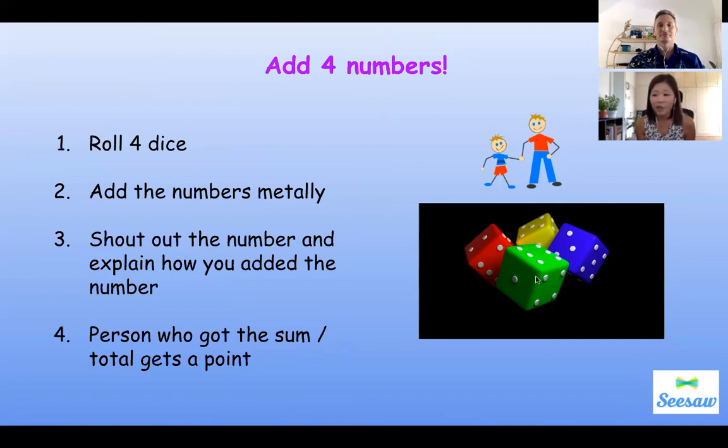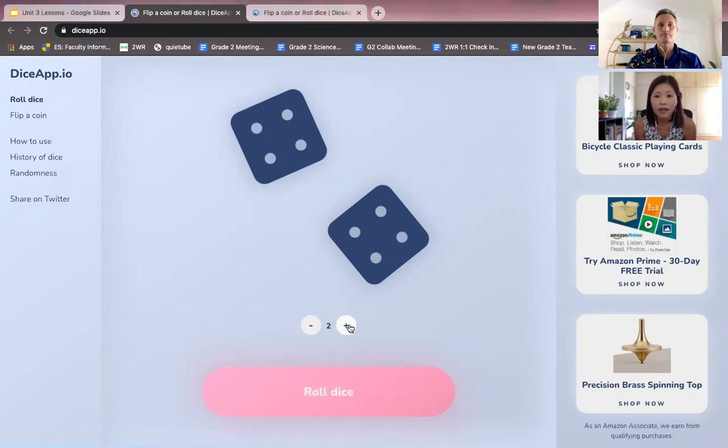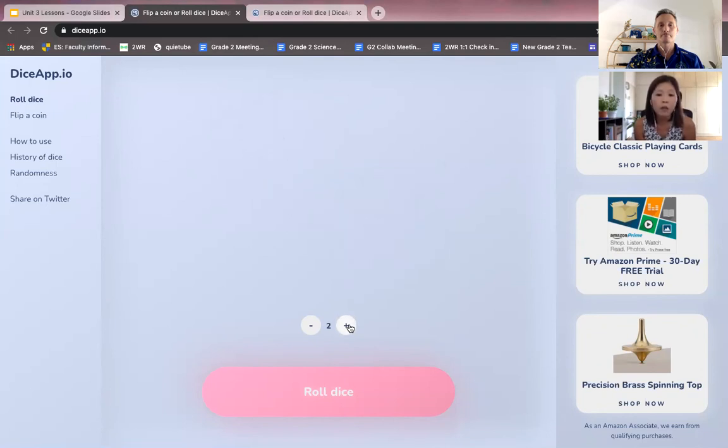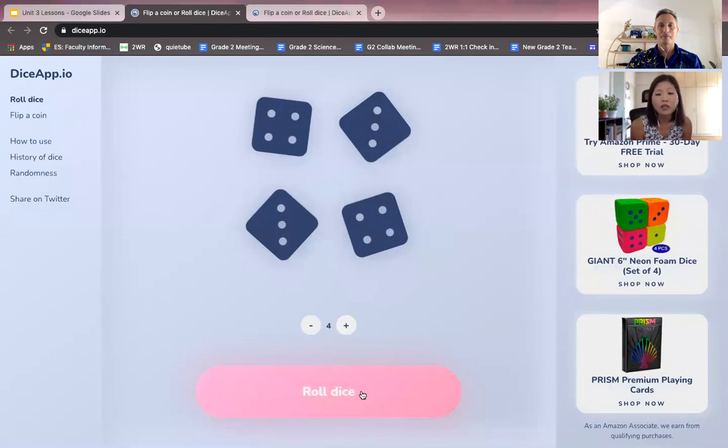Okay, here we go. So first thing, we have a little link for you there on the Seesaw slide. Click on that link and make sure that you put for 4 dice. Just click on that plus, just like Mr. Regan did. What you're going to do is you and your partner are going to roll those 4 dice.